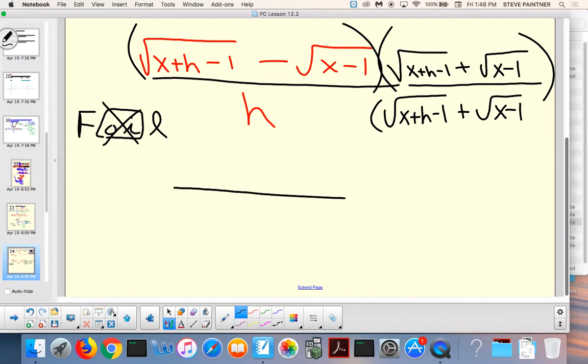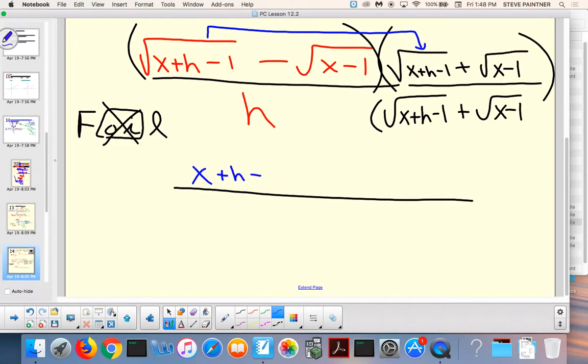Okay, let's try it. First term times first term is x plus h minus 1. Now I'm going to subtract. Be careful here, guys, because when you do last times last, notice I should have put that subtraction sign down.